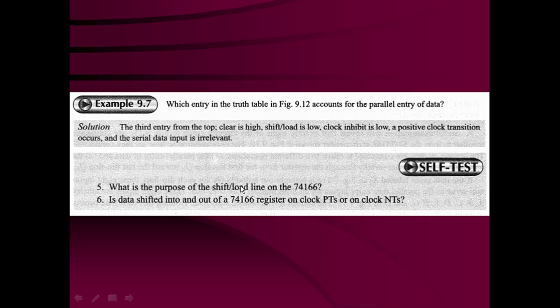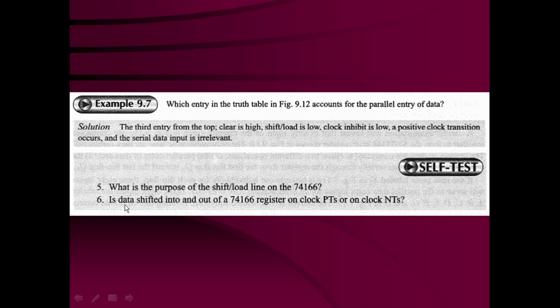What is the purpose of the shift load line on the 74166? It gives the option that data can be entered serially or in a parallel fashion into the shift register. Is data shifted into and out of the 74166 register on a clock positive transition or on a clock negative transition?